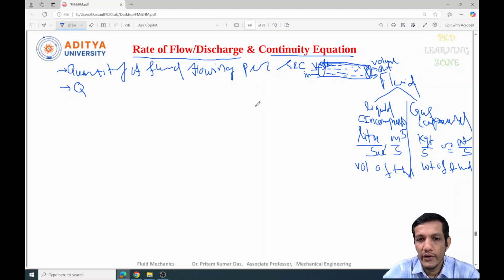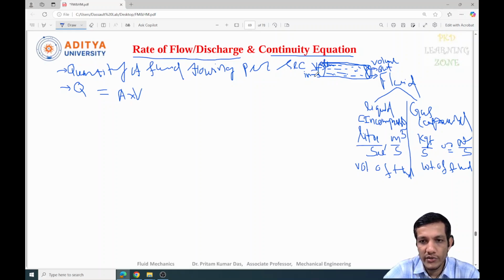Q will be defined in terms of volume and the area of the pipe, which is A. So we can write the quantity Q equal to area into your.